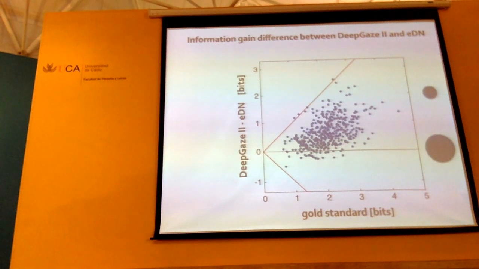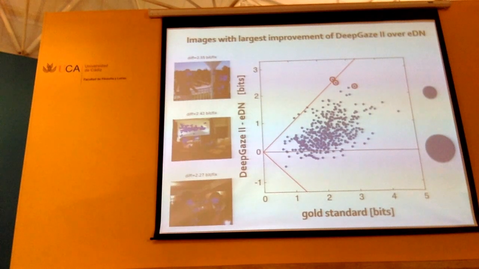If you plot the information gain difference between deep case 2 and EDN, you can see that for almost all images you get an improvement. So it's not just by randomness or systematic errors. And the biggest improvements are for those images which contain text or faces, which indicates that you're using the knowledge obtained on Imagenet for detecting things like text or faces to predict where people actually look, because these are salient things.